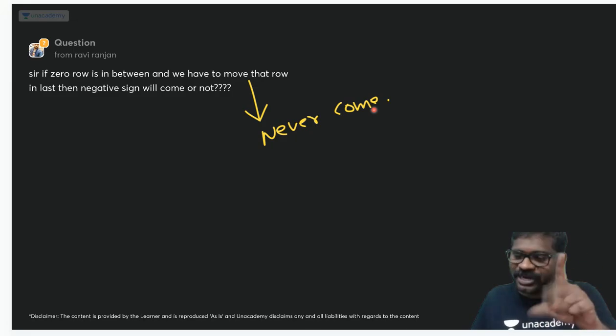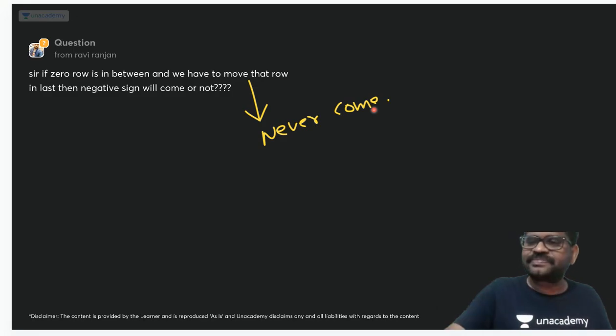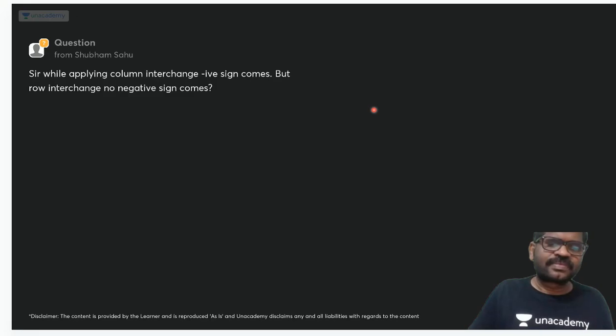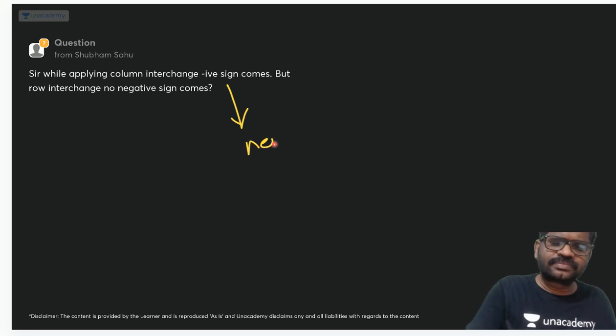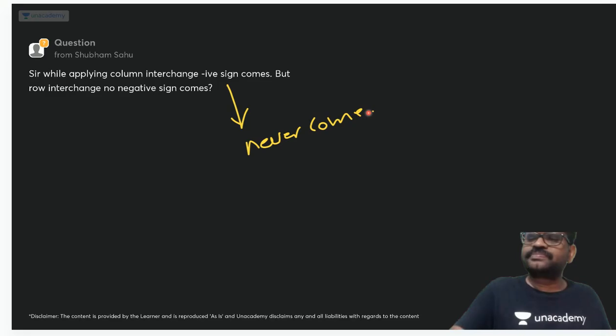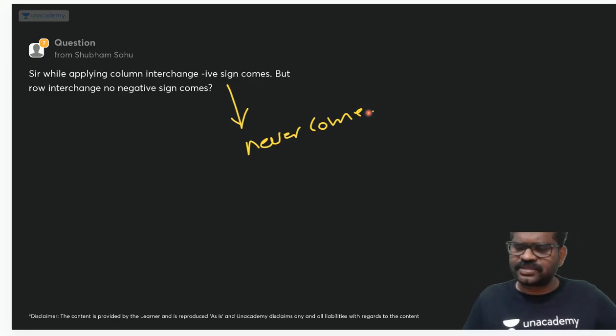Only in determinant, not in rank. Mr. Shubham, only in determinants, if you interchange two columns, you will get a negative sign, not in rank. Okay? Not in rank.